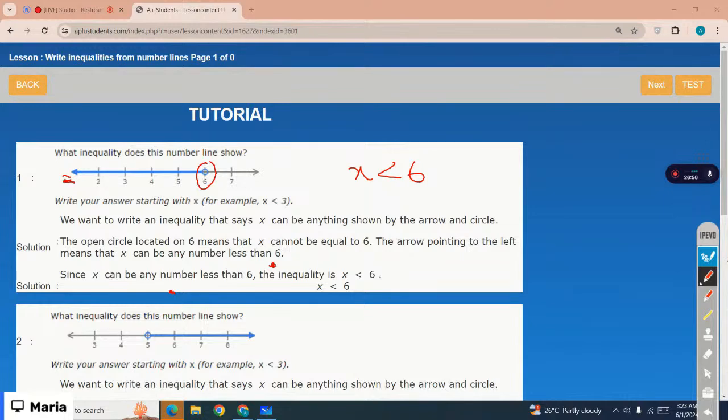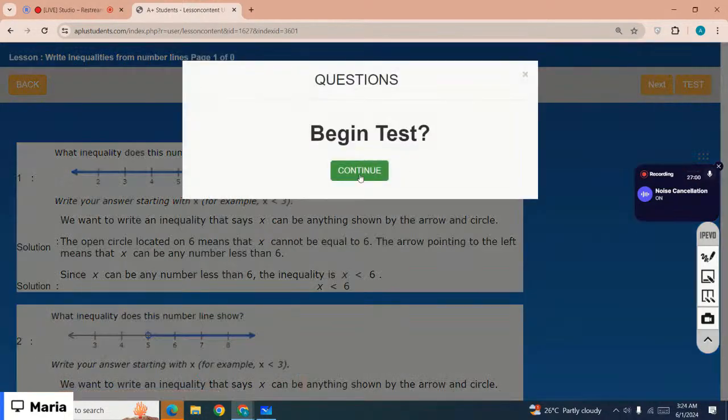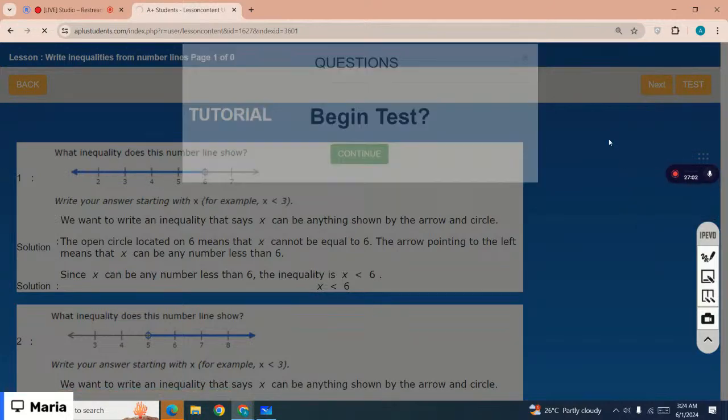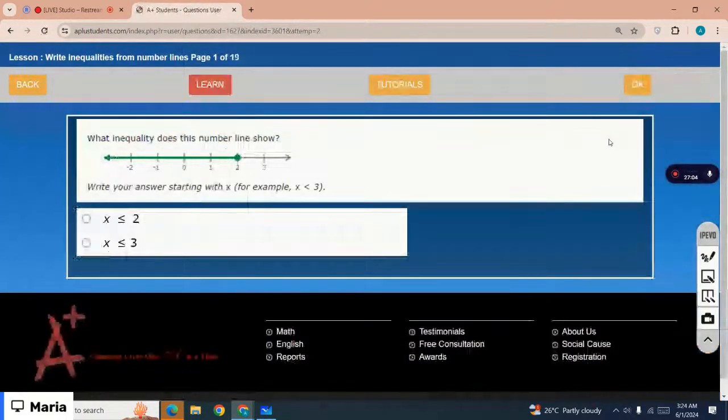Okay, let's just start with the test questions. What inequality does the number line show?